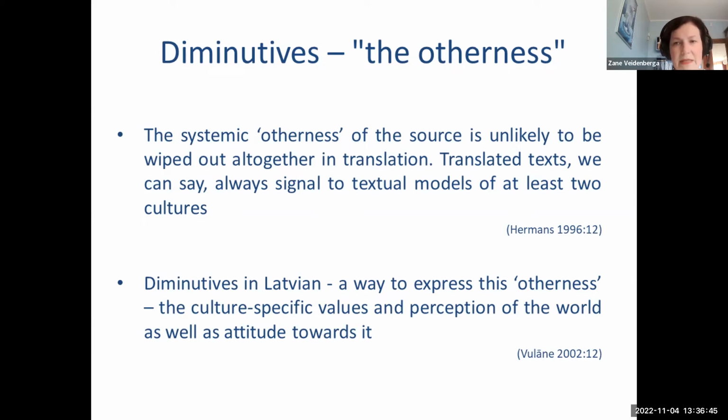author expresses something. And when we translate Latvian prose texts from Latvian into English, where there are so many original works, masterpieces created in the English language, we have so many translations from different other languages.